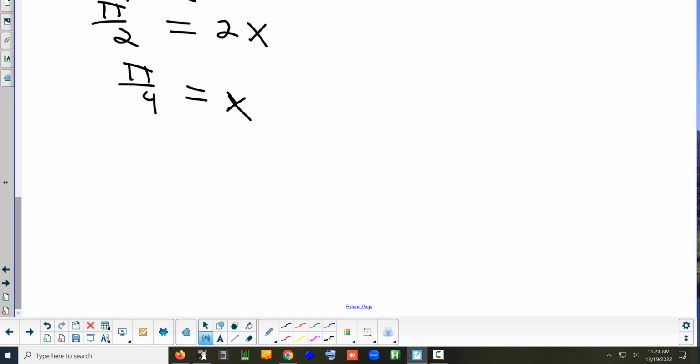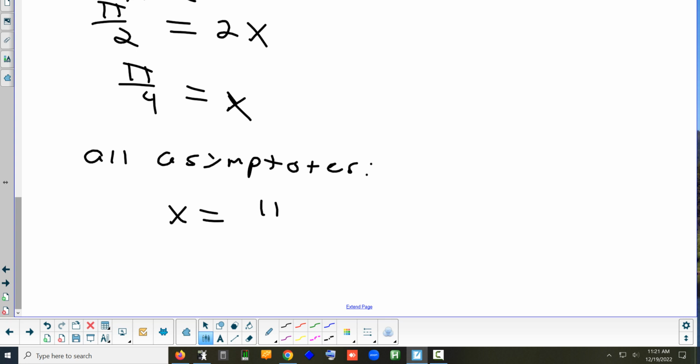So now we know that all the asymptotes, we can start from pi over 4. And you don't have to give me a specific number yet, but how often does an asymptote repeat? Every pi. In general, it repeats every period. So this is our new asymptote, and this is going to repeat itself every cycle.